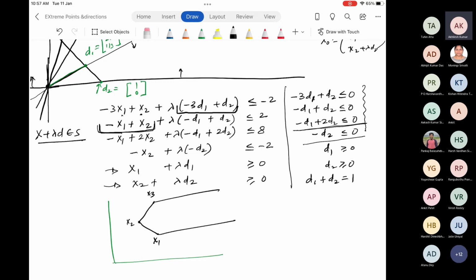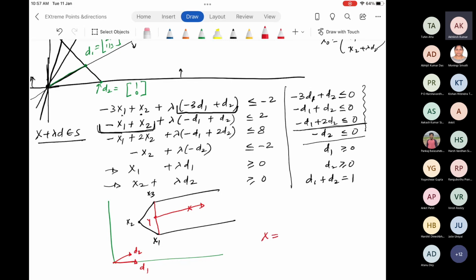And here are my normalized direction vectors d1 and d2. Now, if I have to define a new point x in this direction, first I will try to find a y and then use the direction.